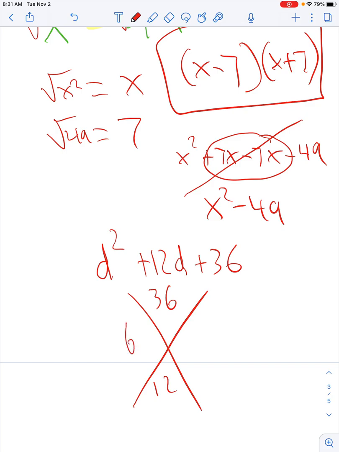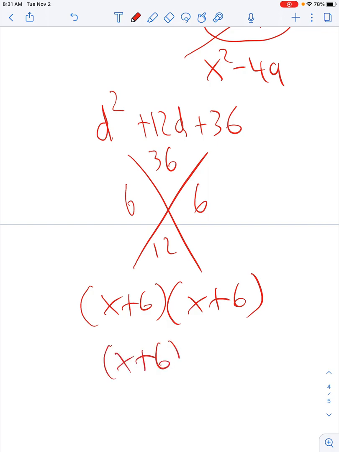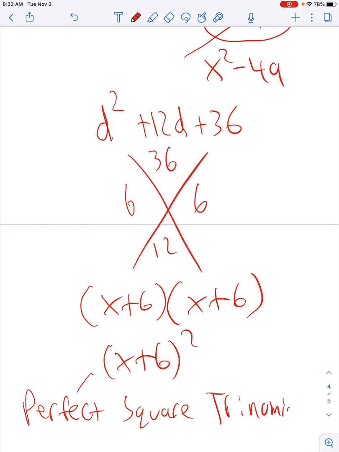Well, I know that 6 times 6 is 36, and 6 plus 6 equals 12. So I could write this as x plus 6 times x plus 6, but it's actually the same thing, so I'm just going to say x plus 6 squared. And again, when you have the exact same factor like this, it's a perfect square trinomial.